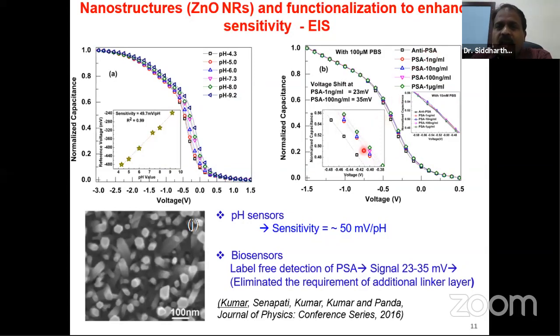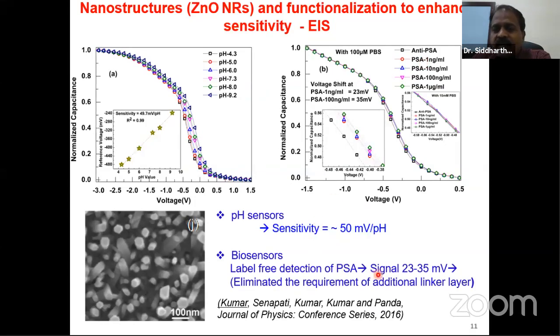On the surfaces, we put antibodies and we put antigens in different concentrations, all the way from 1 nanogram per milliliter to about 100 or 1000 nanogram per milliliter. And indeed there was a voltage shift, which means we could utilize these devices to measure or detect these antigens present in solutions.